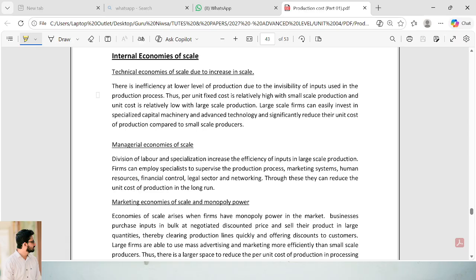So these are called technical economies of scale. Okay, very simple.